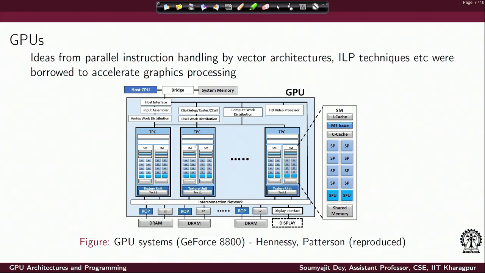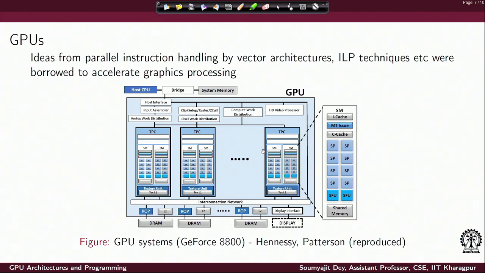What is important to note here is that typically in the GPU you will have a hierarchy of processing elements. At the high level we have what we call the streaming multiprocessors, the SMs. Inside these SMs you have specific processors known as scalar processors.